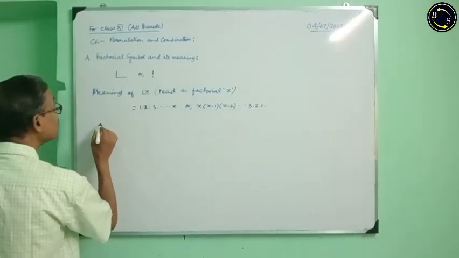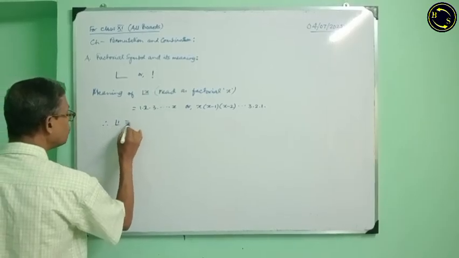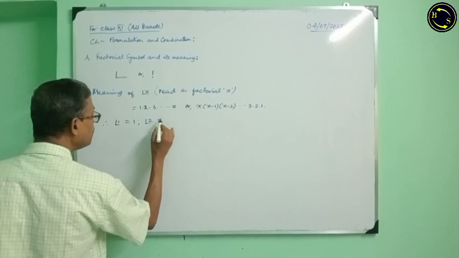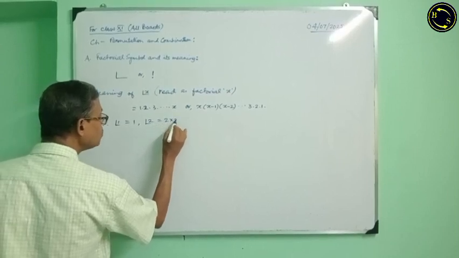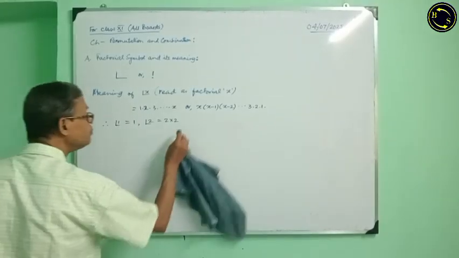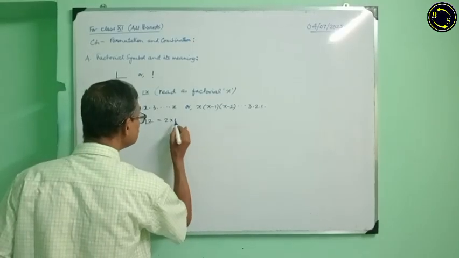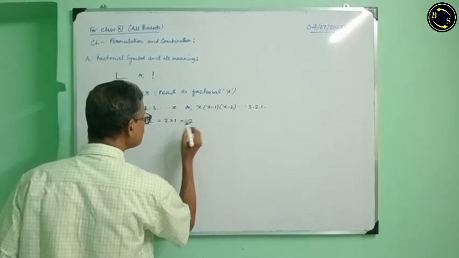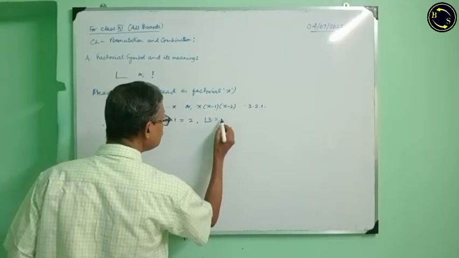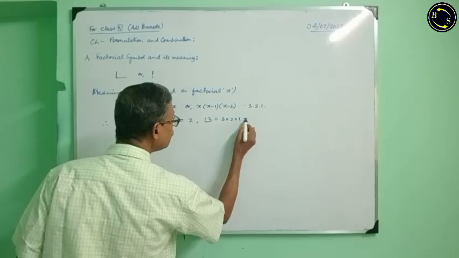Now it is clear. Factorial 1 will be 1, factorial 2 will be 2 into 1, that is 2. Factorial 3 will be equal to 3 into 2 into 1, value is 6.